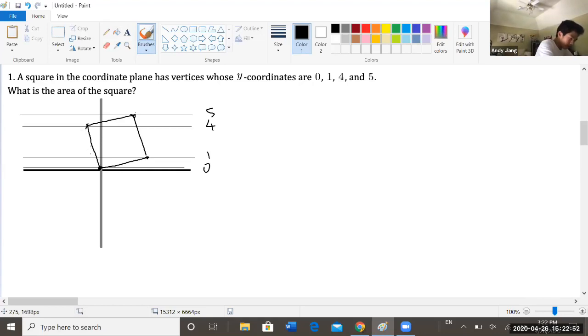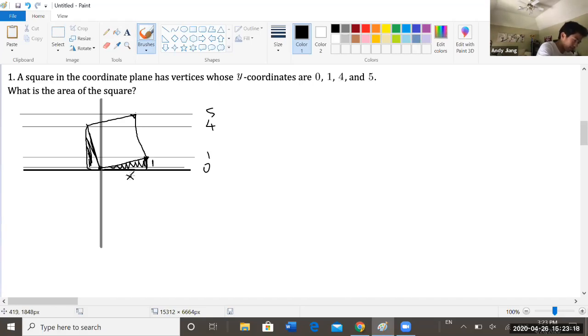Now, notice that this black triangle over here is the same as the other black triangle. This one has a height of 1 and a length that I don't know, so I'll just call it x.